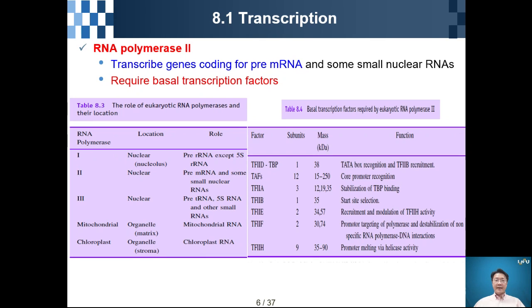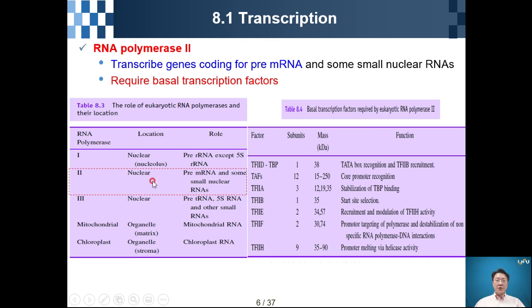In this slide, I will explain RNA polymerase 2. The main function of RNA polymerase 2 is to transcribe genes coding for pre-mRNA and small nuclear RNAs. Table 8.3 summarized the role of RNA polymerase 2.